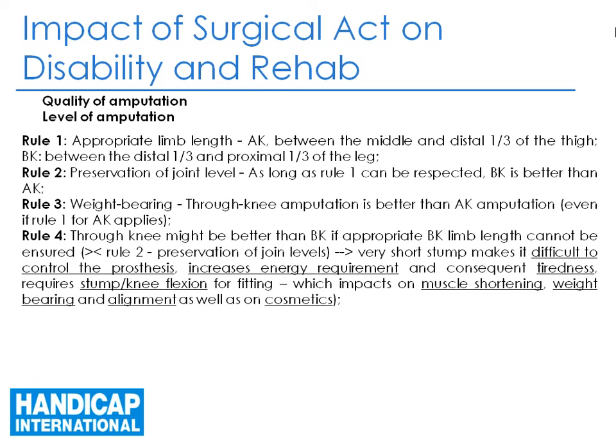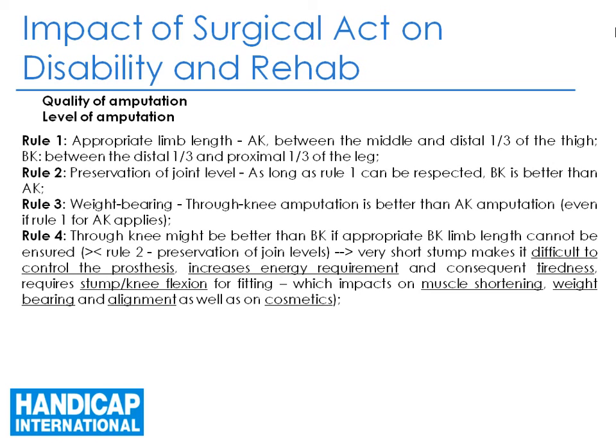Rule 4, through knee might be better than BK, even if the limb length cannot be ensured. Meaning that if we have to cut very high in the leg and have a very short stump below the knee, again, from a functional point of view and a fitting point of view, that's not really good. It makes it much more difficult to fit a prosthesis.